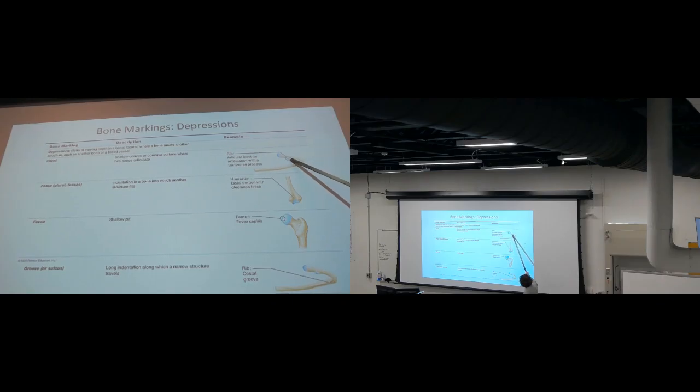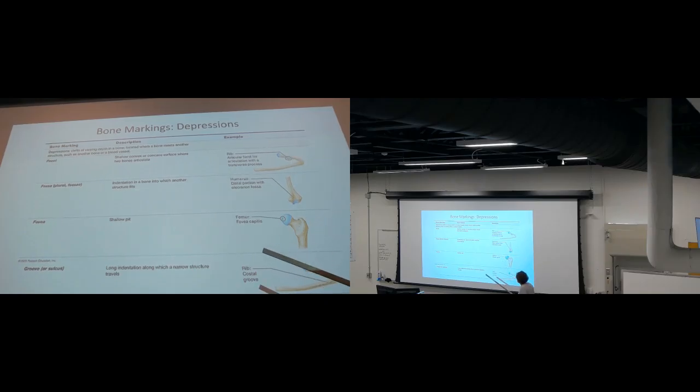This articular facet for the rib is located in an area of the rib that is called a tubercle. So the transverse process of the thoracic vertebrae attaches into this facet. So that's an example for a facet.